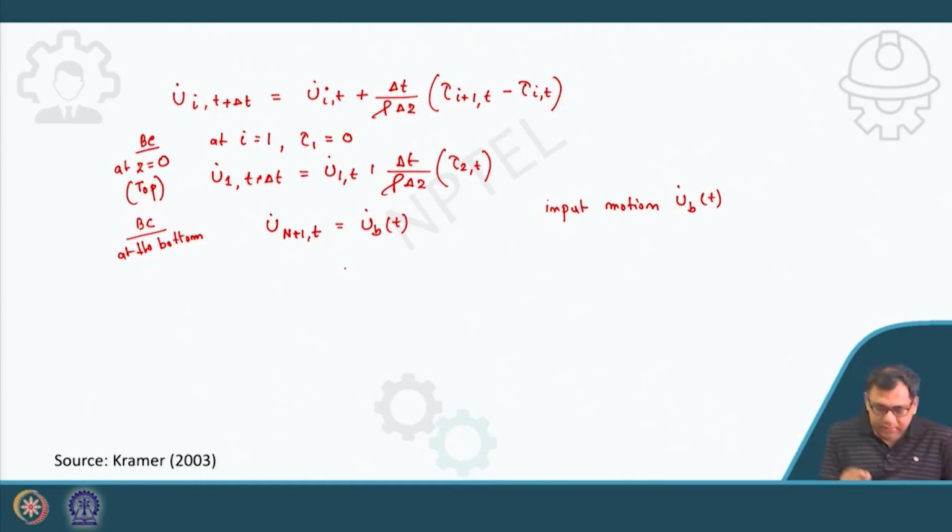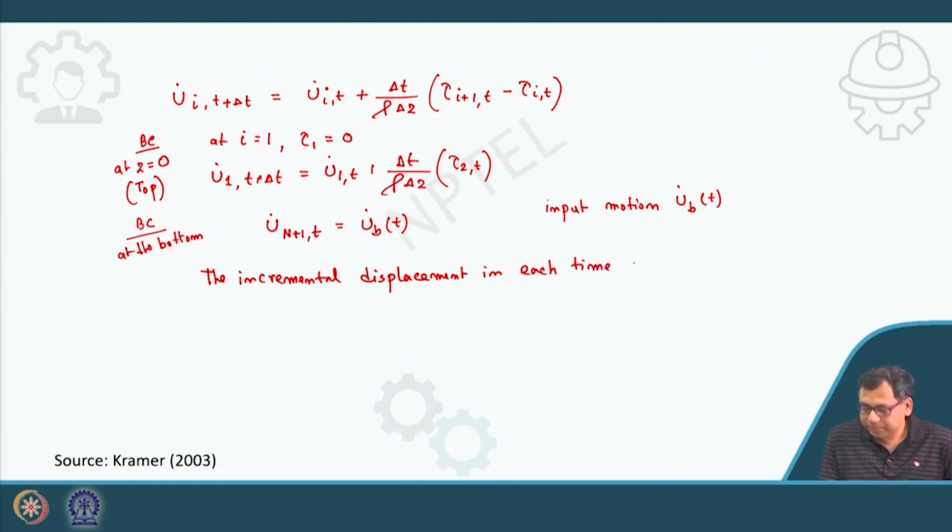Now, from this I can calculate the incremental displacement in each time step, that will be del u i at t, equal to u dot i at t into del t, because if I multiply velocity with time, then I will get the displacement.